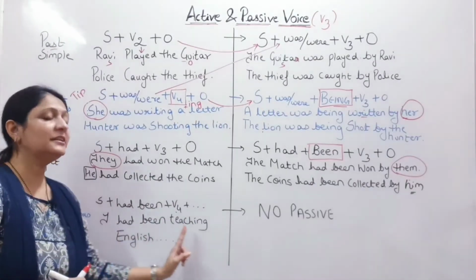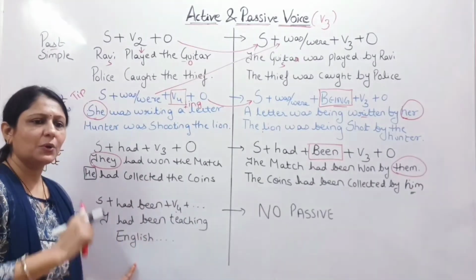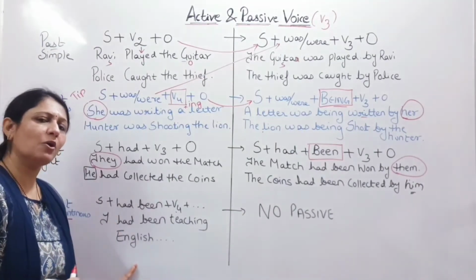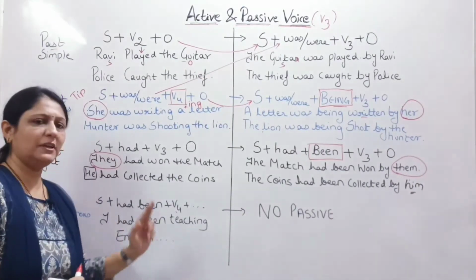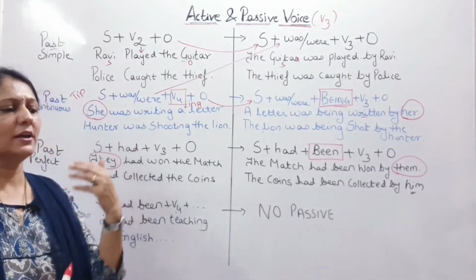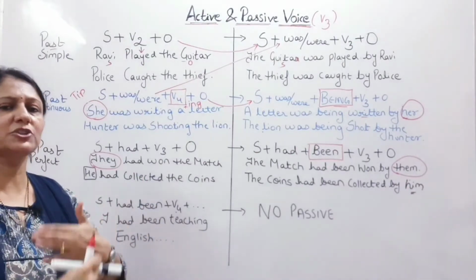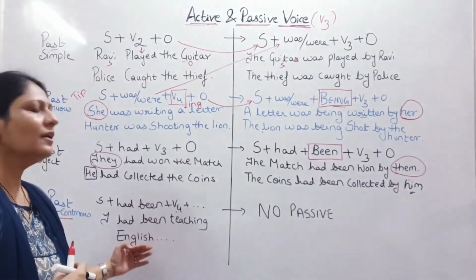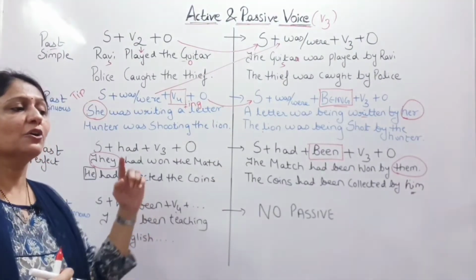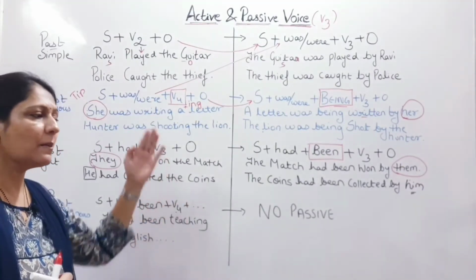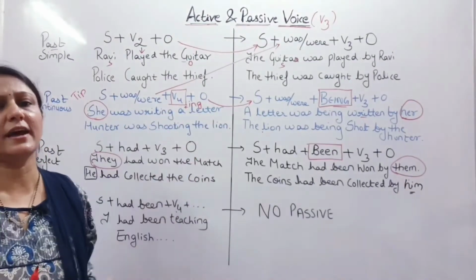I had been teaching English when my friend called me. I had been teaching English when you called. Means when something else had happened at that time, some other action was in continuation. Here I was talking about the action which was in continuation at a point of time in past, but it stopped when the other action happened.